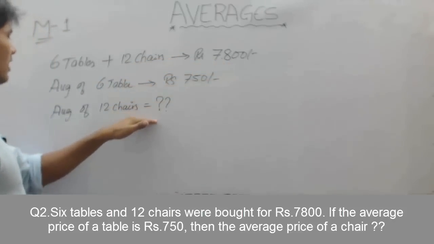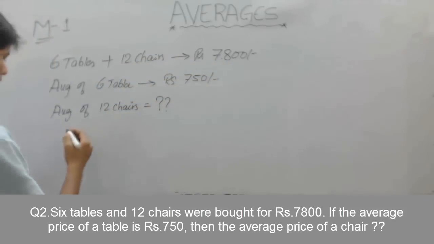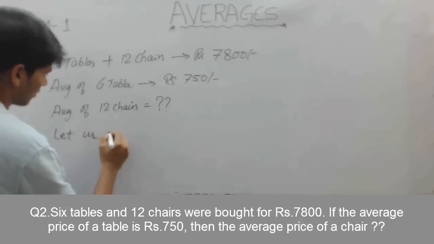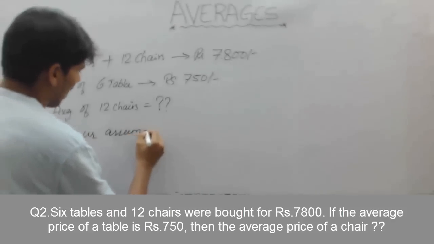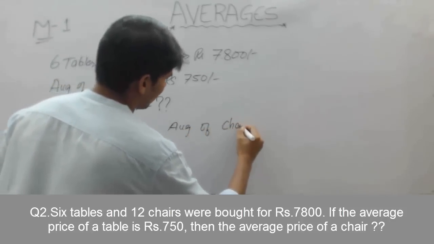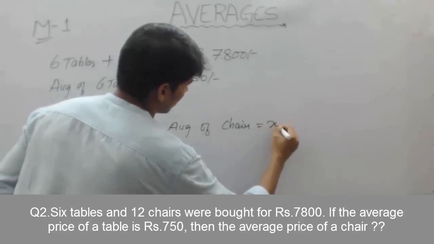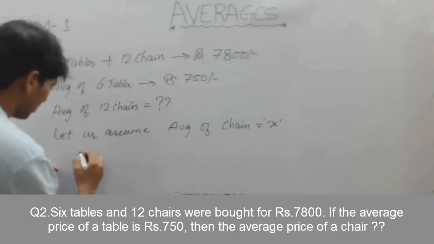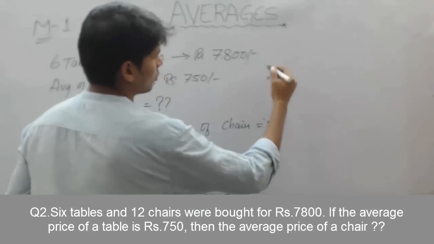So we need to find the average of these 12 chairs. So let us assume that the average of chairs is equal to x. Now what is the formula? That means total observation.